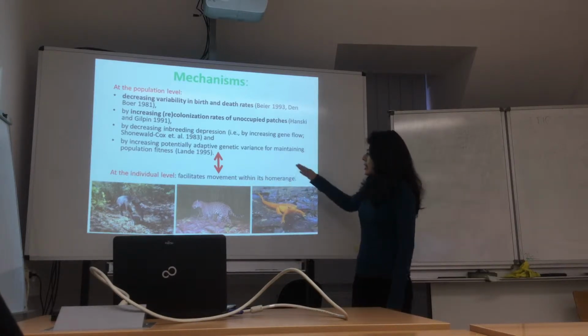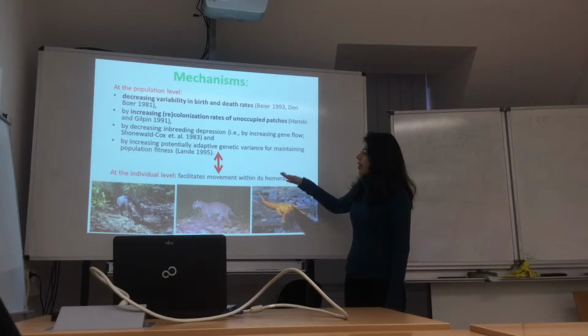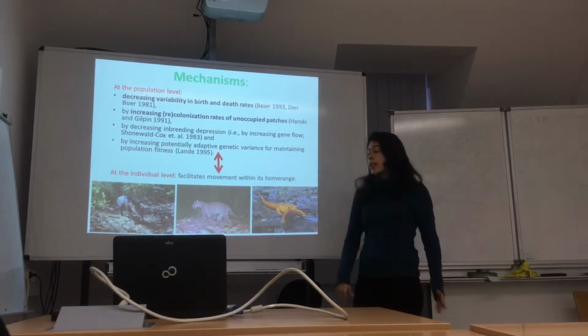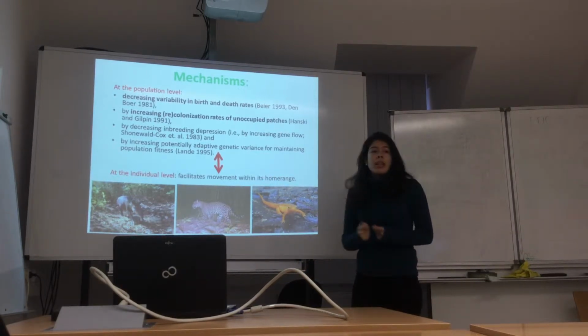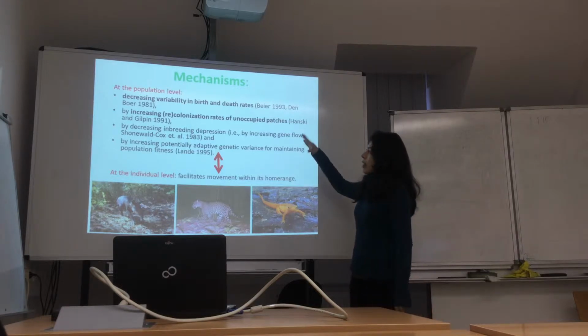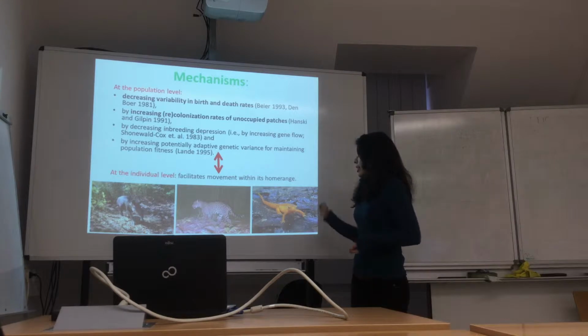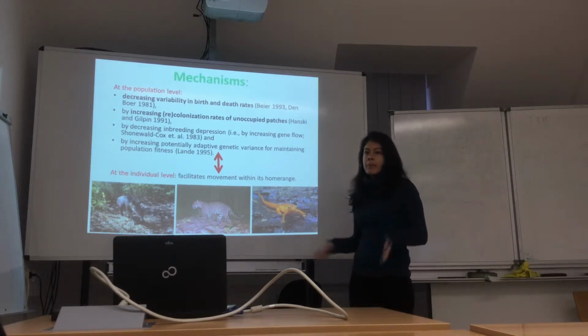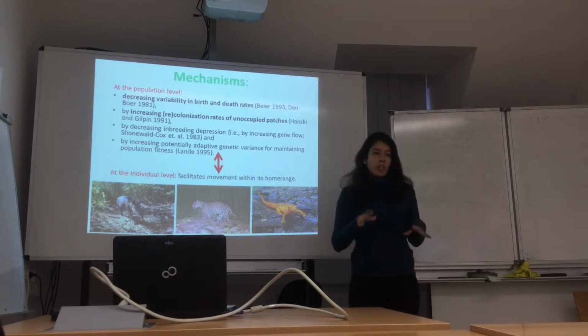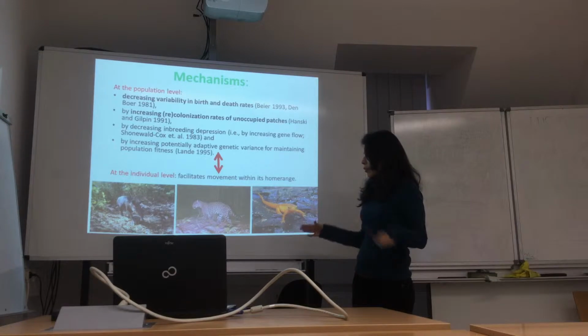And actually, this mechanism at the individual level is less studied, the author states, but it's really important, and the population level mechanisms are really dependent on this individual level, especially for populations where the home range of each individual is bigger than the patches that have to be connected.